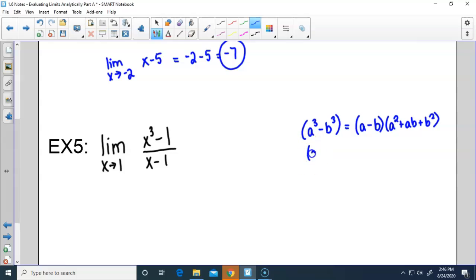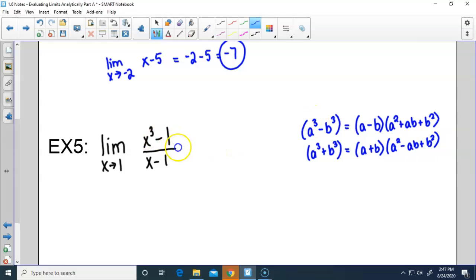We also could have the same thing with a plus sign in between, and then we would have a plus b here, but we would have a squared minus ab plus b squared. So you can see the difference in the signs there.